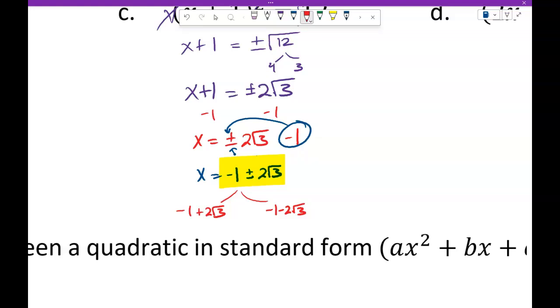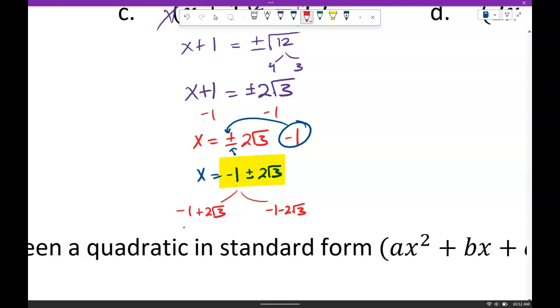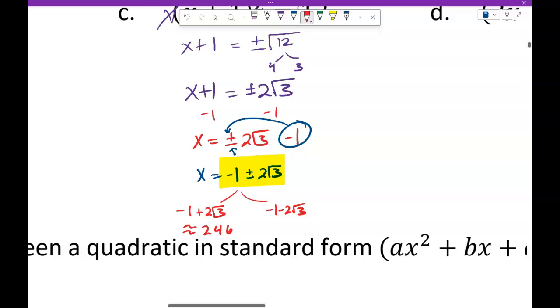Negative 1 plus 2 square root of 3 is approximately 2.46, while negative 1 minus 2 square root of 3 is going to be approximately negative 4.46. So drastically different numbers, but again, this shorthand is perfectly acceptable to use.